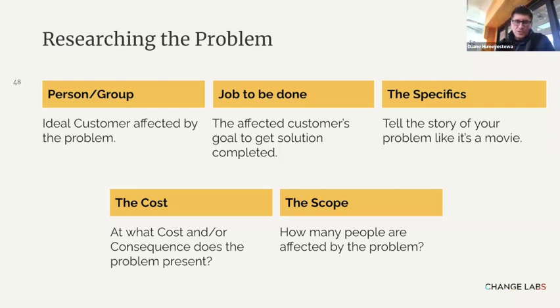You want to tell it like a story, so that as you describe or explain it, you're touching on all these really cool specifics about concepts in the business that work. And then also, what are the costs or consequences of the problem, and how does it present when you look at the overall scope of the problem? How many people are actually affected by that problem? It's something to consider as you research exactly those pain points that you're trying to solve.